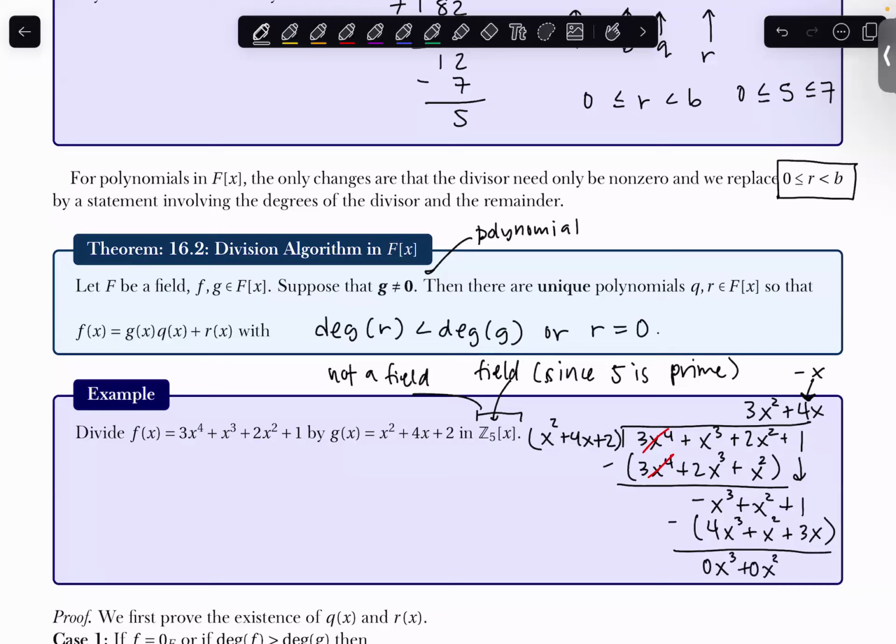You notice this one does not have an x term, so I can think of it as 0x minus 3x. So I should get a minus 3x here. But minus 3 is +2 mod 5. And then I have my constant here minus a 0 constant, so I just have a +1 at the end.